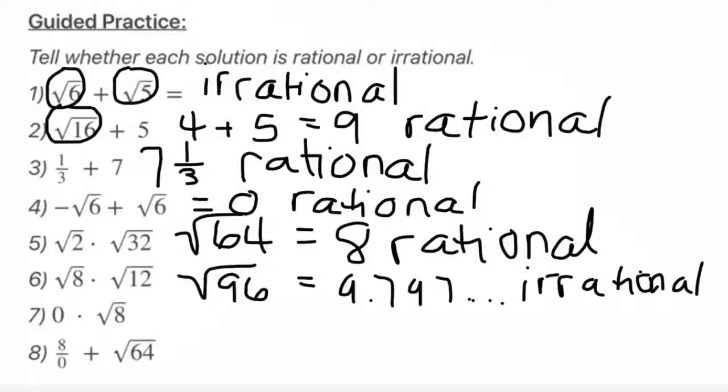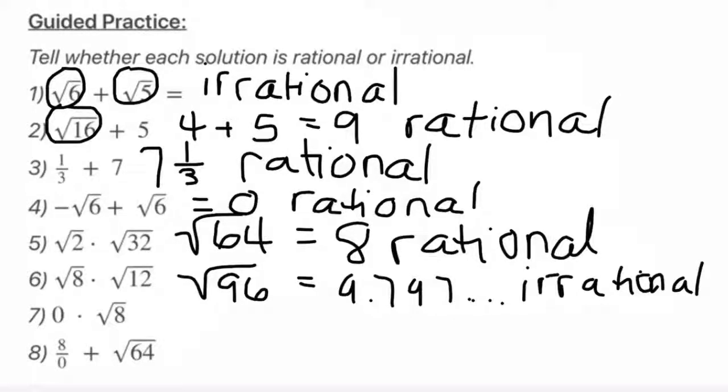So number 7 is 0, which is a rational number, times an irrational number. And this was part of our always rules. We said anytime you multiply a rational times an irrational, it was always irrational. But I also said there was one exception. Because of the zero property of multiplication, we know that anytime we multiply a number by 0, our answer is going to be 0.